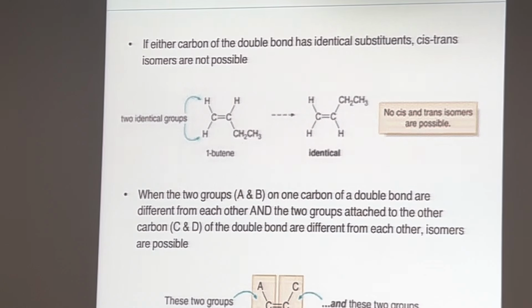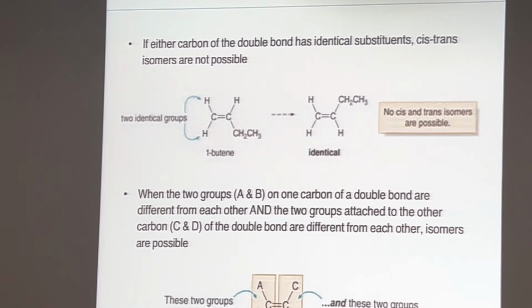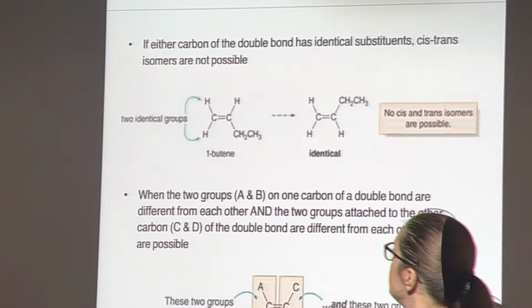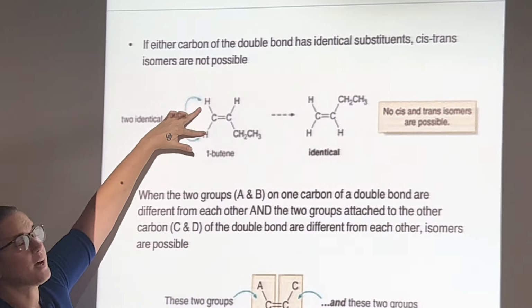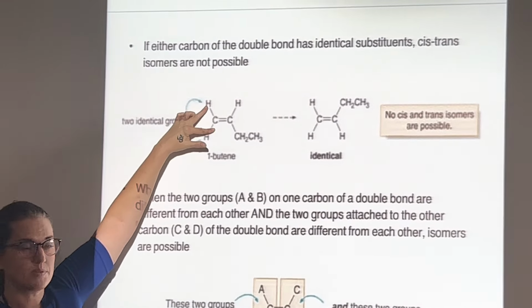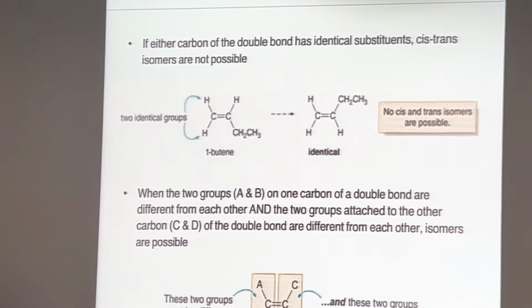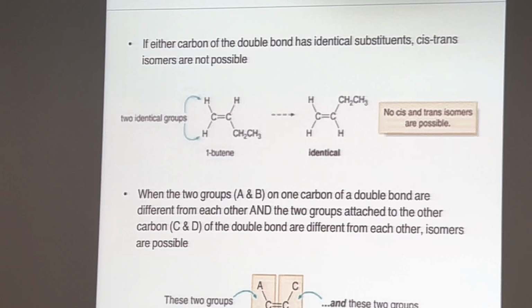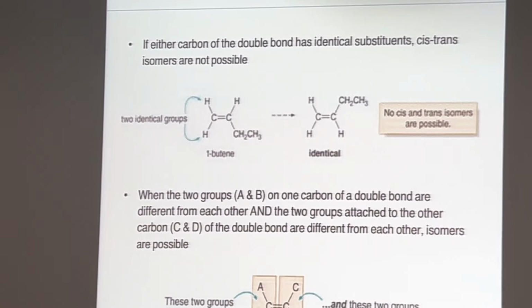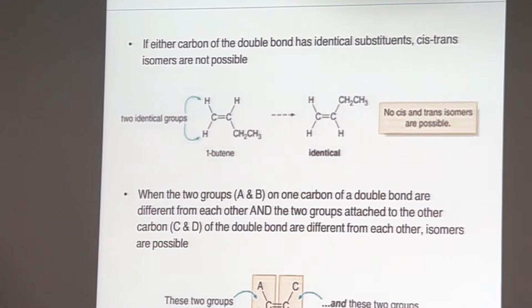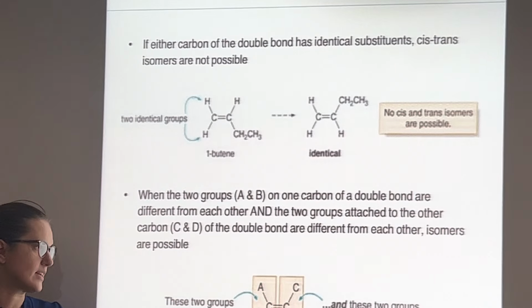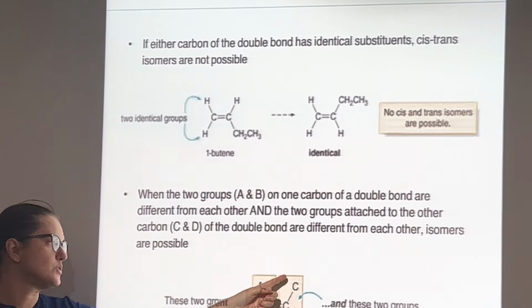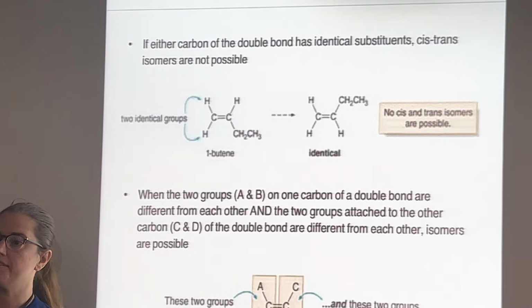So if you're looking at one carbon and it has the same thing bonded to it, like this butene here has 2 hydrogens, so that's the same substituent, okay? Cis-trans isomers are not possible. What you have to have is 2 different things on one carbon and 2 different things on the other carbon.